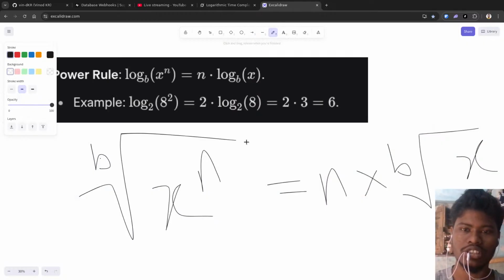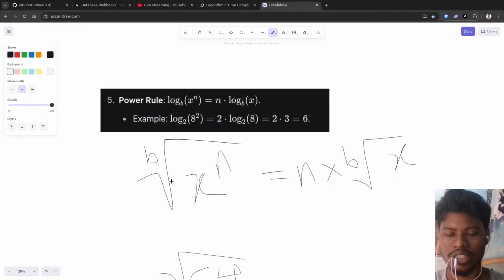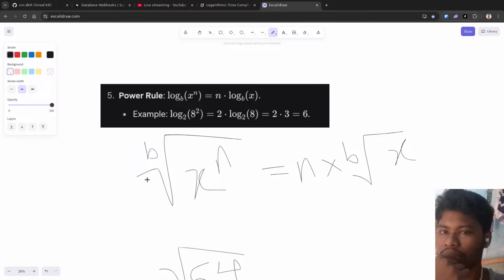So basically we don't spell out root every time. We just know it's log.